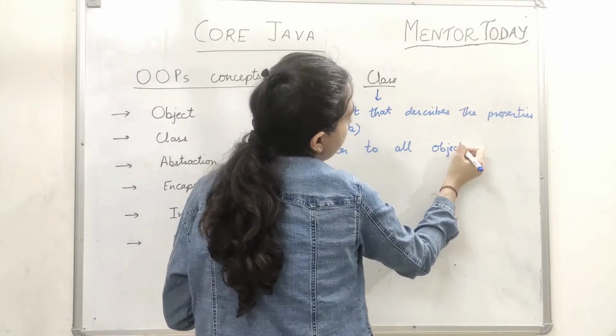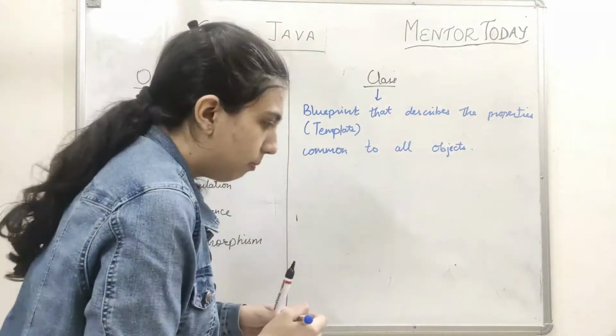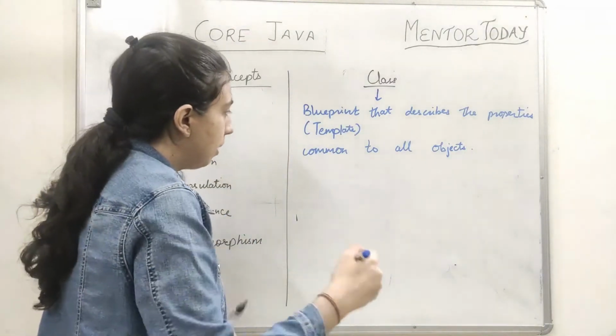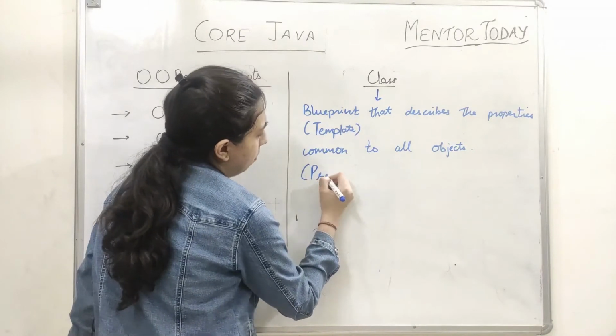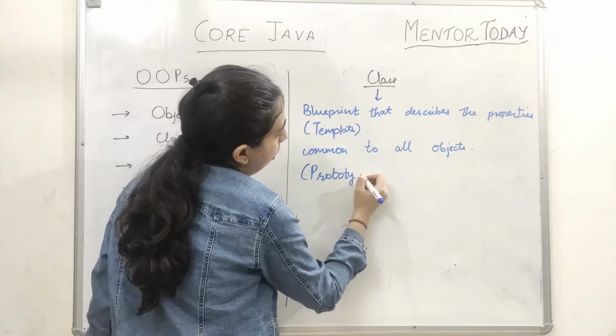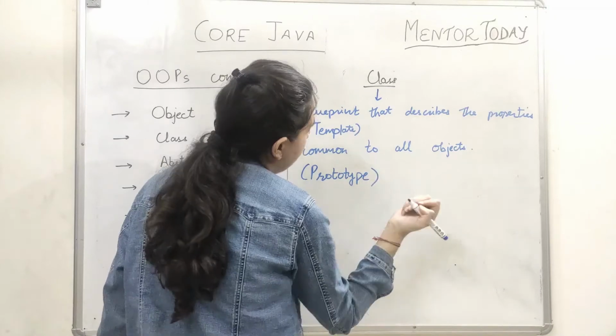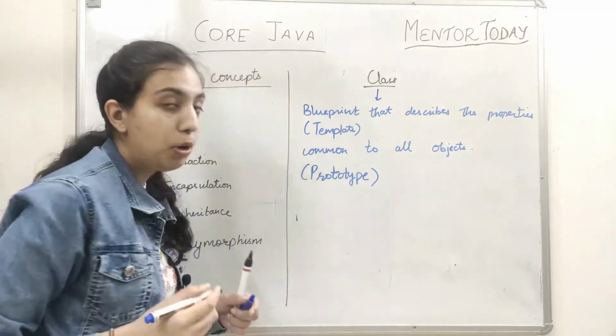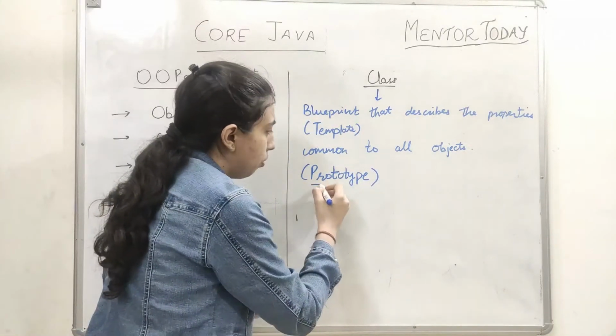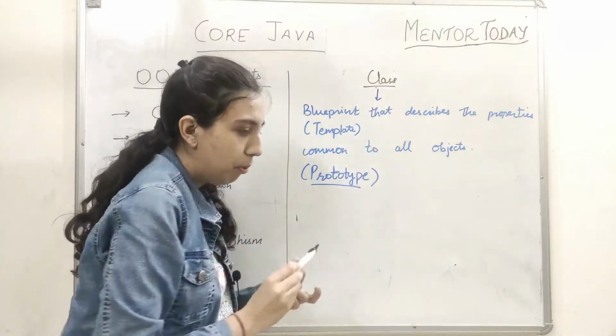The objects we are talking about, we had discussed before. So basically, what does that mean? It is a kind of prototype. Whenever you are creating or making something, a project also, we first create a prototype. So basically, class is a prototype.